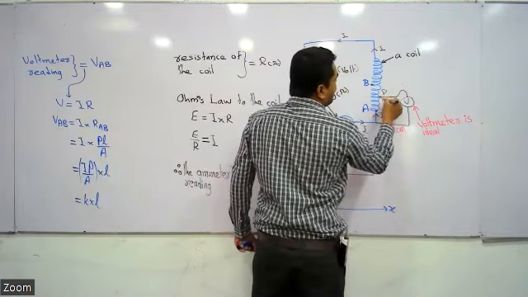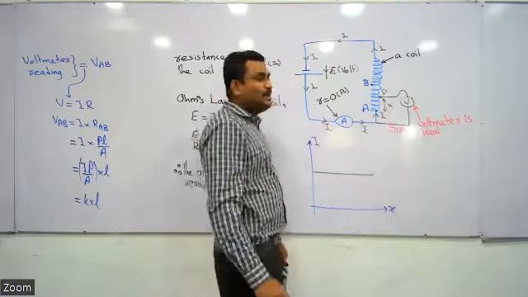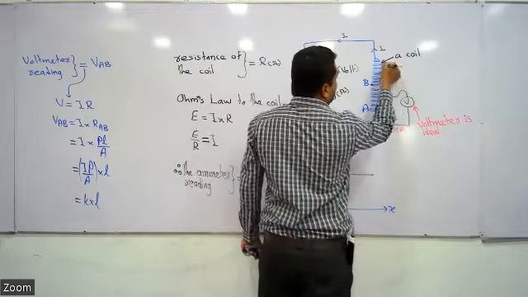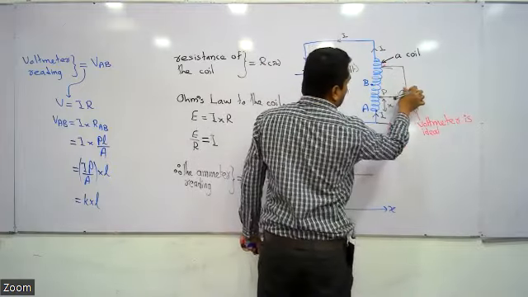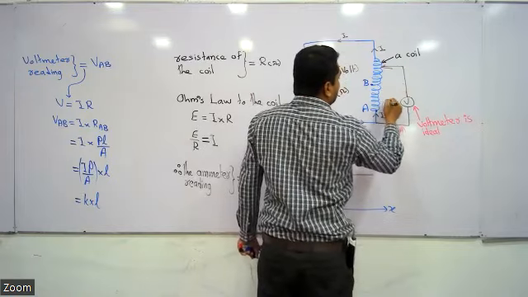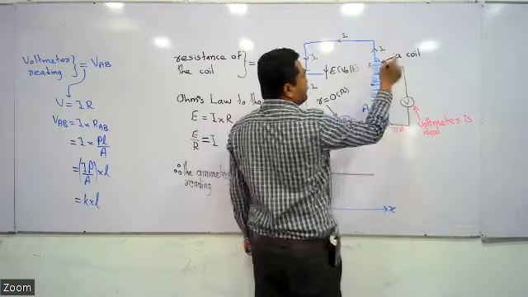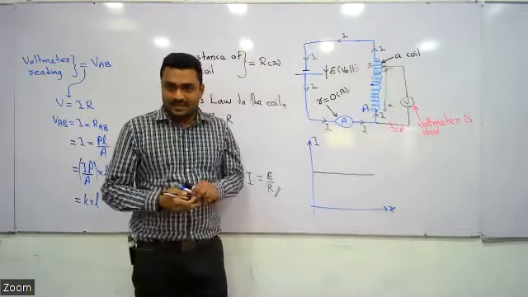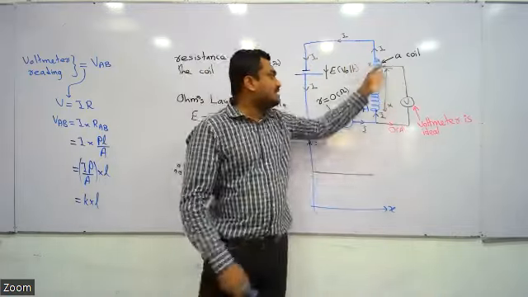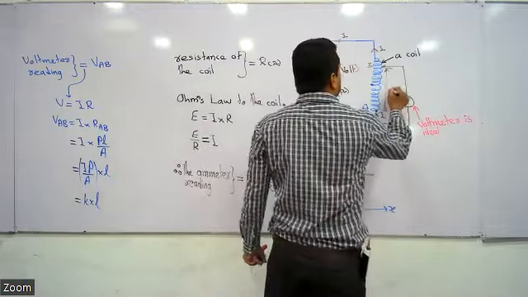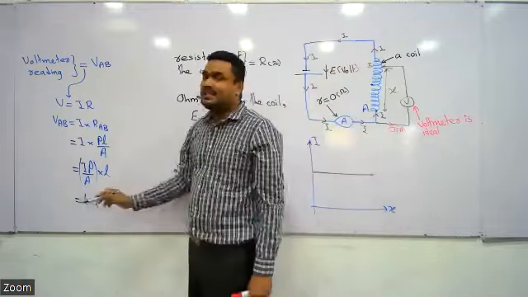Then X is smaller. How do you increase X? Keep the contactor here, and now X is large. When X is increased, B comes here. Okay? So by increasing X, you can increase the length L.